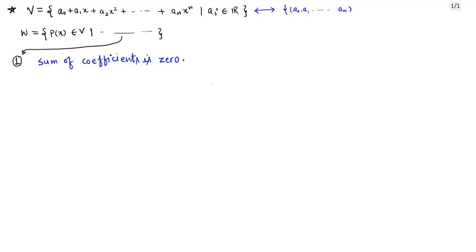This is n plus 1 tuples vector space such that ai's comes from real number.